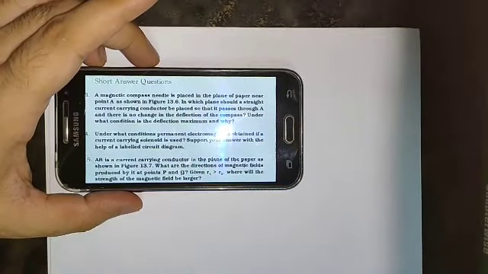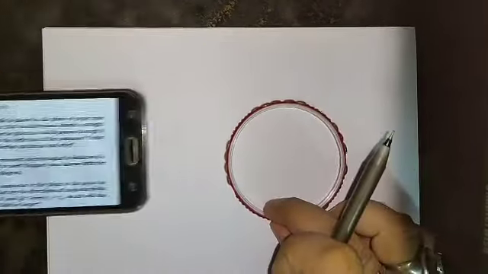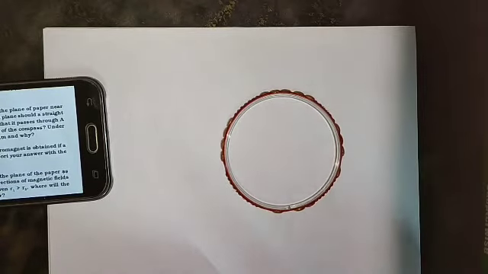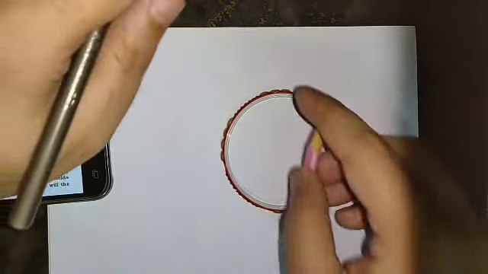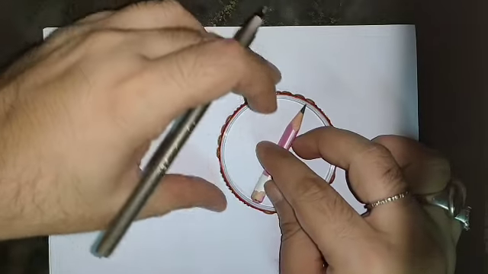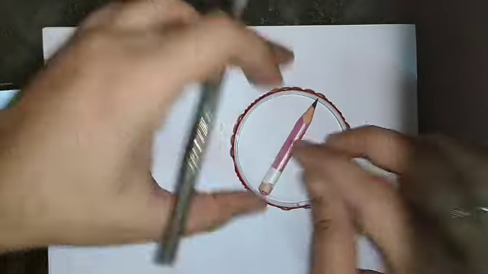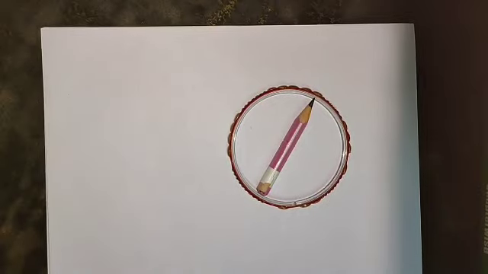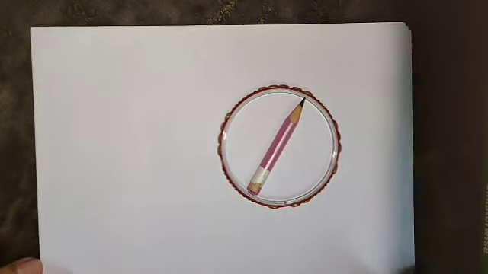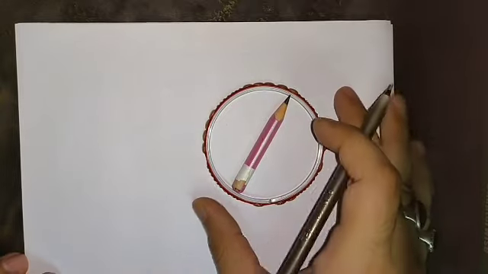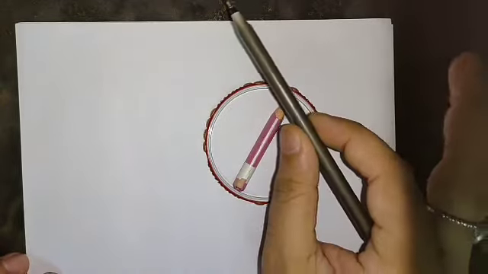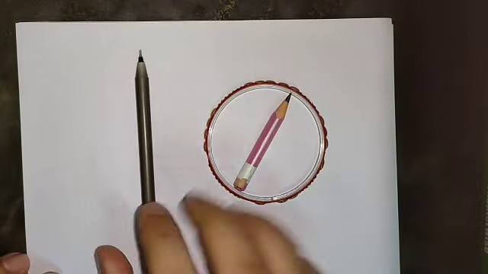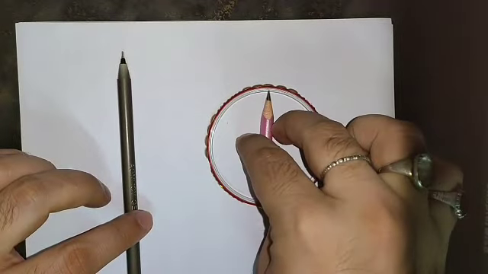Now for more understanding I have brought this bangle for you, to make you understand properly. Let us suppose this is the needle and we have a magnetic compass. Now this is a current carrying wire. We have to place it in such a way that there occurs no deflection in it.